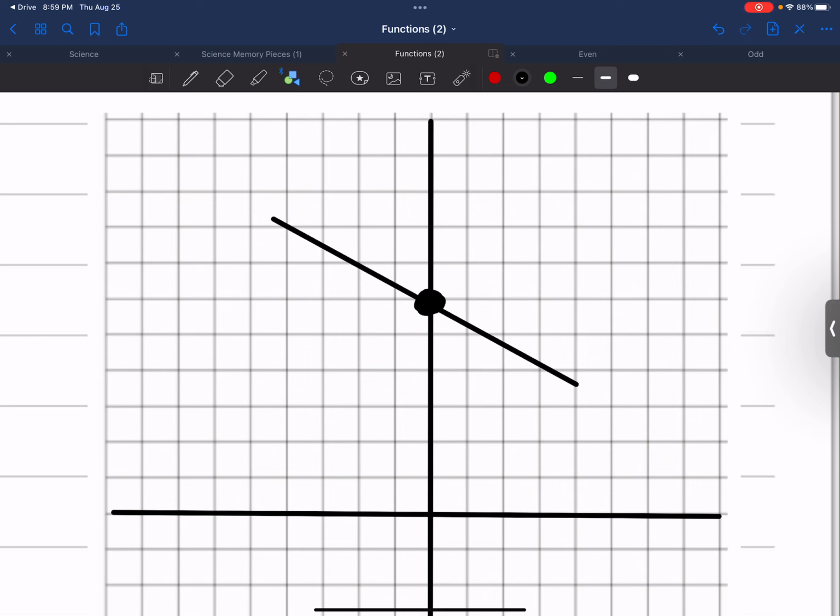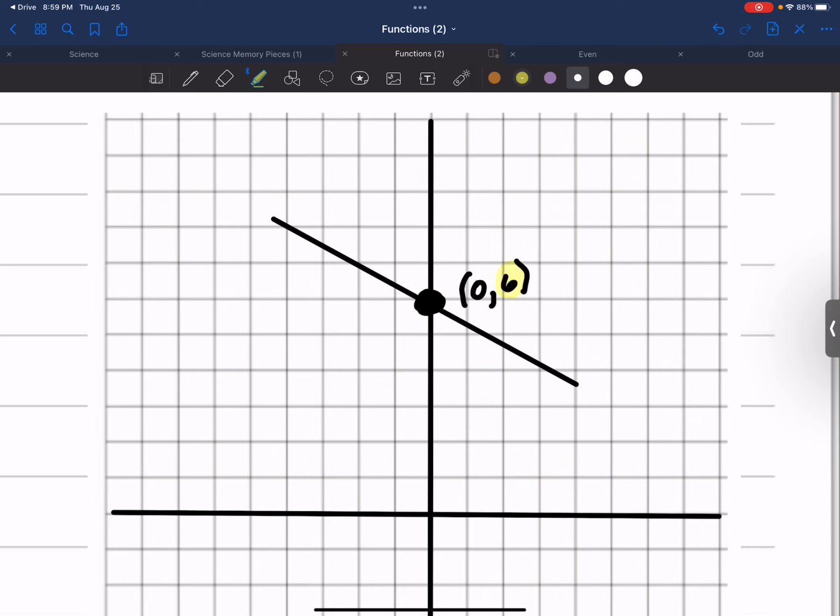Okay. So let's label our y-intercept. It's no movement on the x-axis, and we had to climb 1, 2, 3, 4, 5, 6. So again, there's baby B. It's a positive 6 in this scenario.